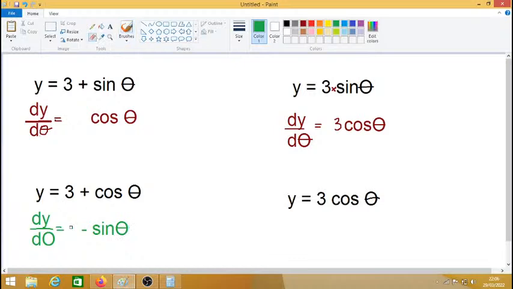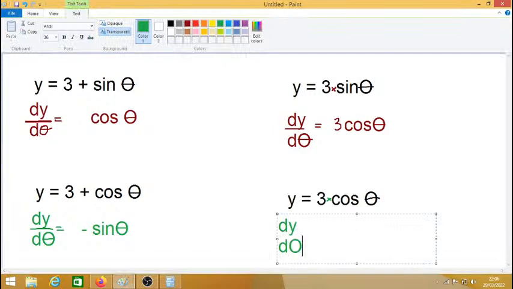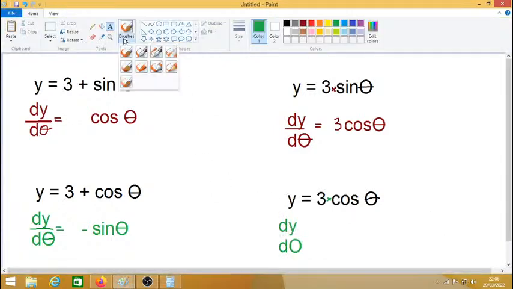Last one coming up. You take a look and see if you can do the last one. So y equals 3 cos theta. Again, times here, so that will follow through. So I'll have dy by d theta. Have a think about that. Okay, 3 times, so the 3 times carries through. 3 times what?